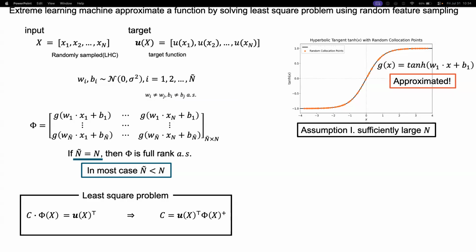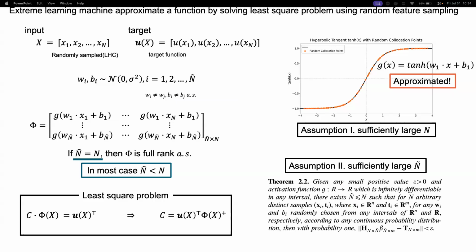The number of basis functions is less than the number of points. So there is another assumption, a sufficiently large n tilde. There is a theorem that if n tilde is sufficiently large, we can properly approximate C, so we can just use the pseudo inverse to solve the least squares problem.